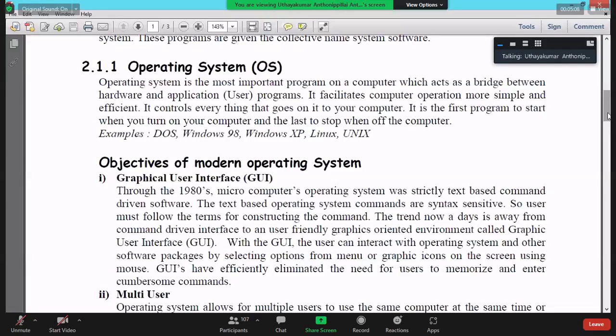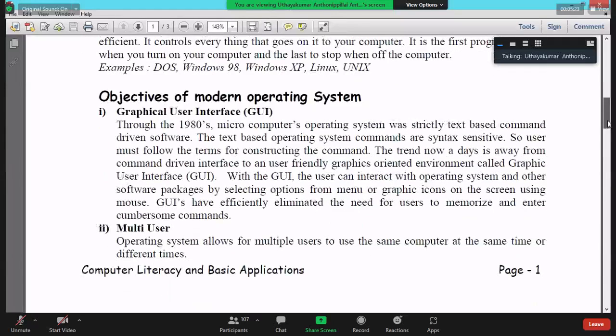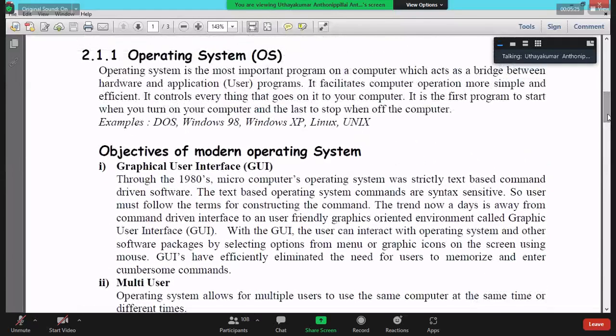It controls everything that goes into your computer. It is the first program to start when you turn on your computer and the last to stop when you turn off the computer.